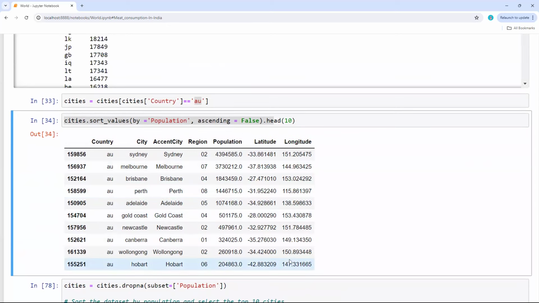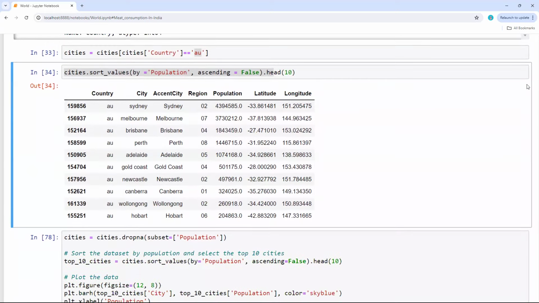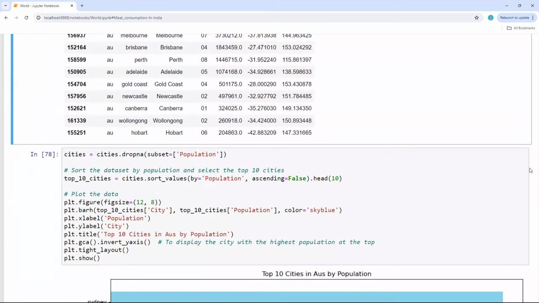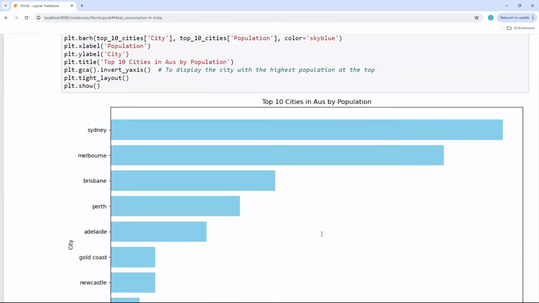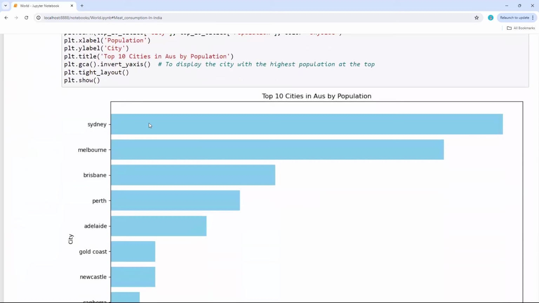And if I wanted to look at the city-wise population with a visualization with matplotlib, same thing. Sydney is the most populated city in Australia, followed by Melbourne, Brisbane, Perth.